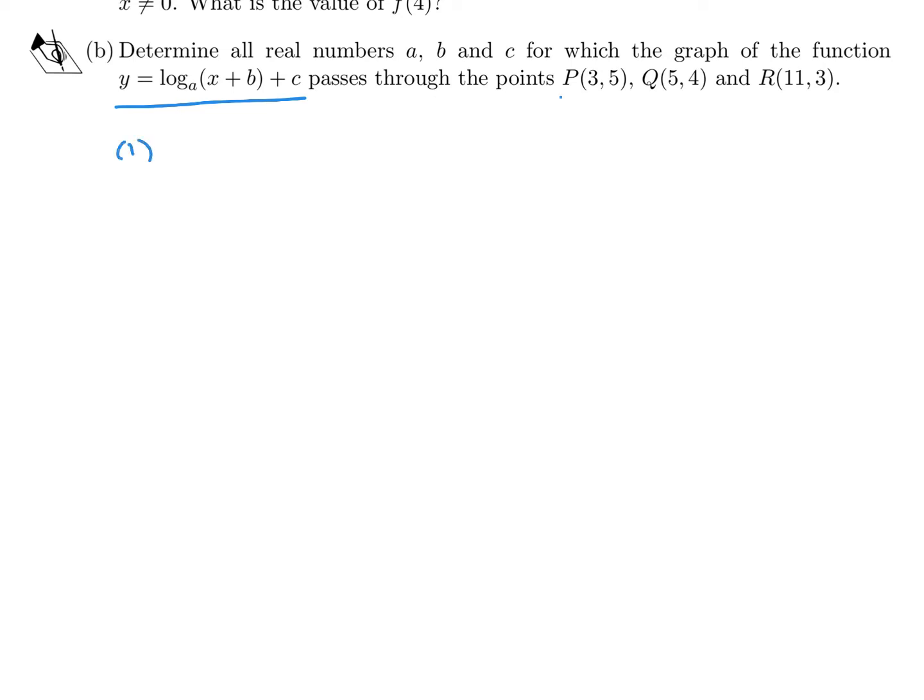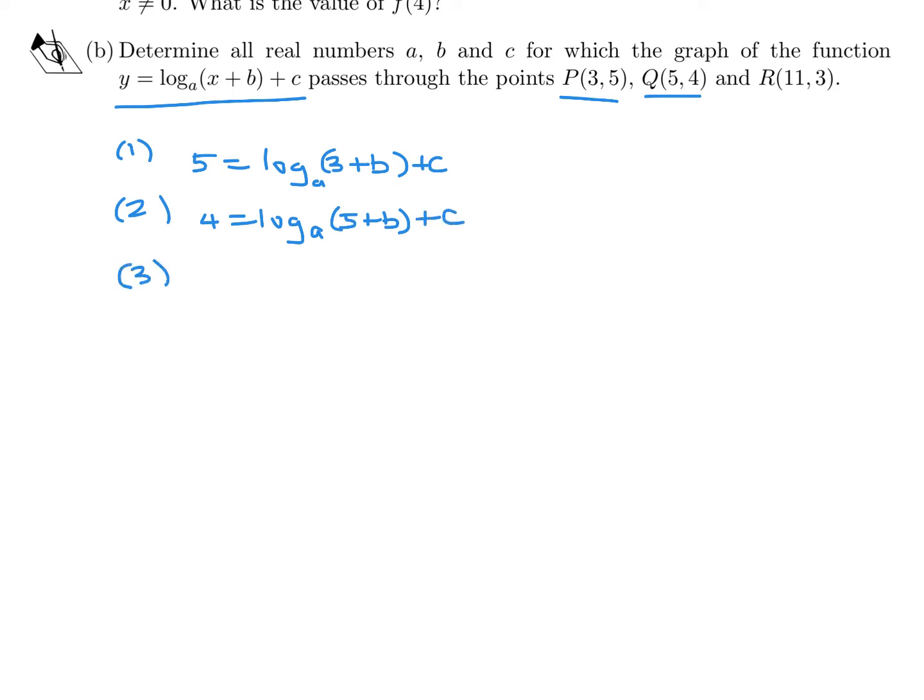equation number 1 using this guy would be 5 is equal to the log of 3 plus b to the base a plus c. And then equation number 2 using this coordinate would be 4 is equal to the log of 5 plus b to the base a plus c.